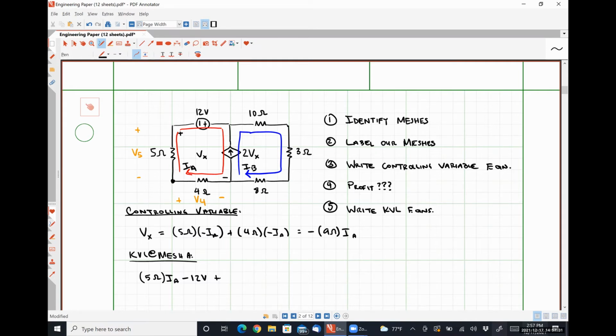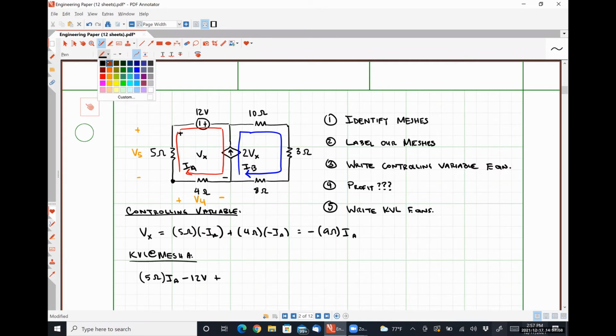We have no way to express the voltage drop over this current source in terms of our mesh currents, right? Even if we tried, some of you might be saying, well, it's just going to be 2Vx because that's what it is. That 2Vx is a current. That's a voltage controlled current source. That still tells us absolutely nothing about that voltage drop, right?